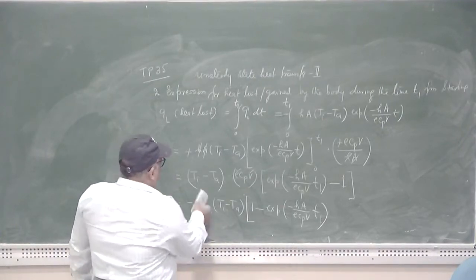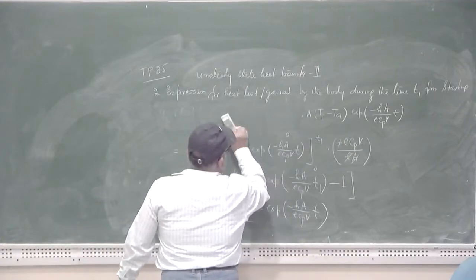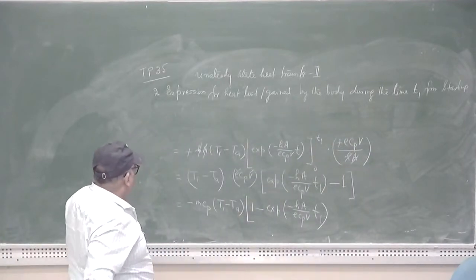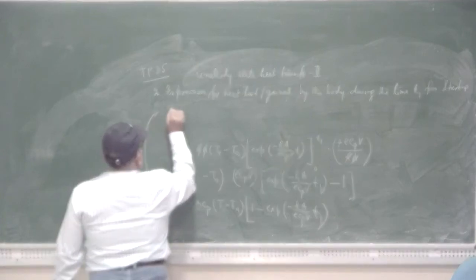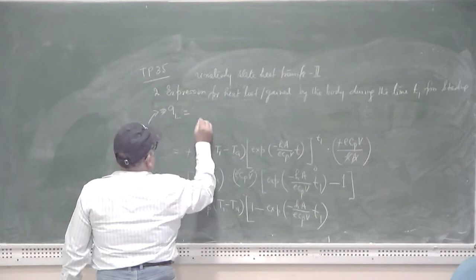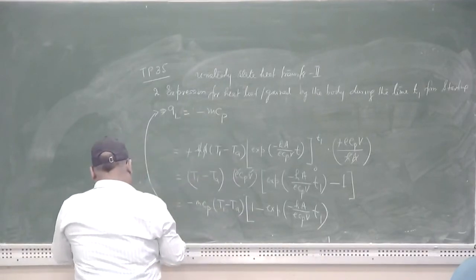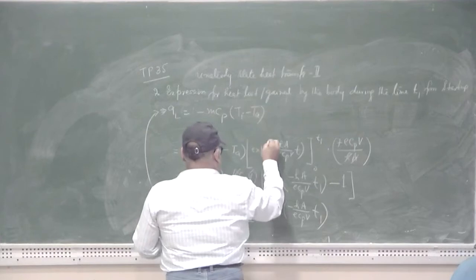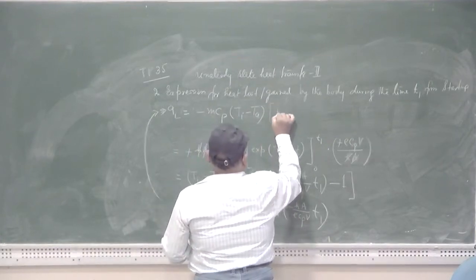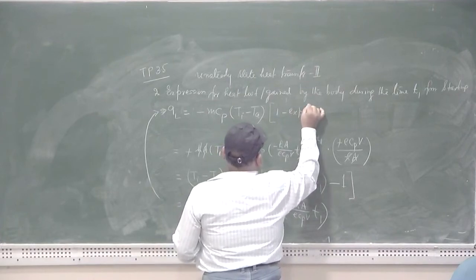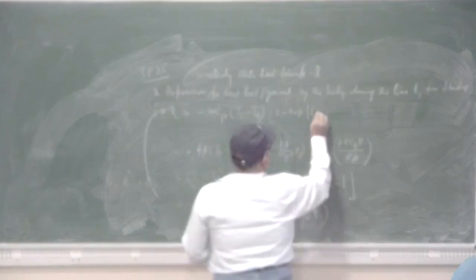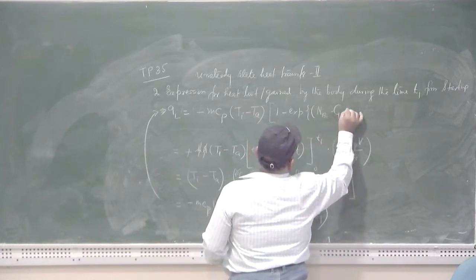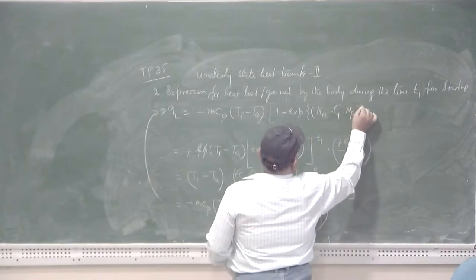So this equation can be further written as QL is equal to minus mCp into Ti minus Ta into 1 minus exponential of the product of three dimensionless numbers, that is the Biot number into the dimensionless position into the Fourier number.